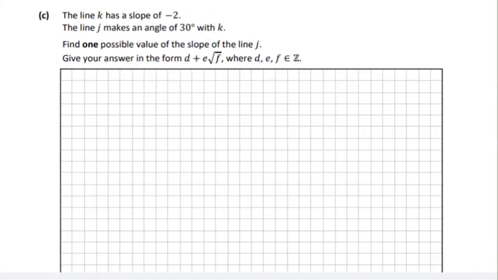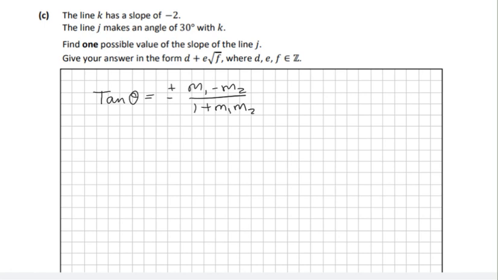Part C, the line K has slope of -2. It also makes an angle of 30 degrees. So if we use those two values, we can implement them into a formula. Tan theta is equal to plus or minus m1 minus m2 all over 1 plus m1 m2.